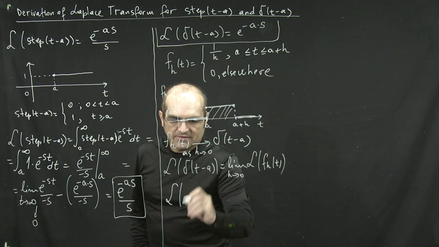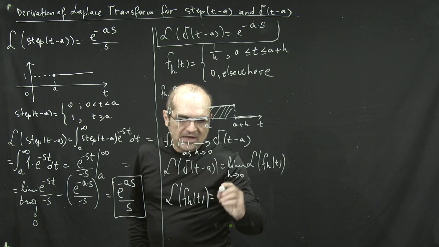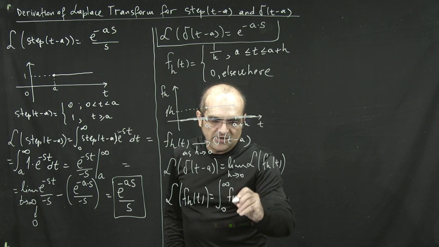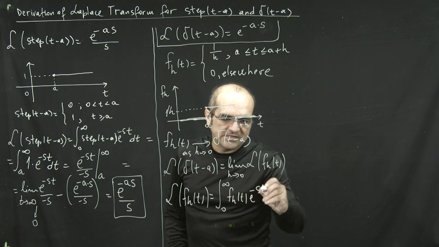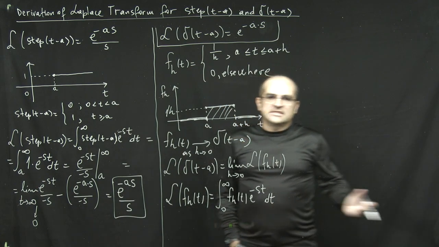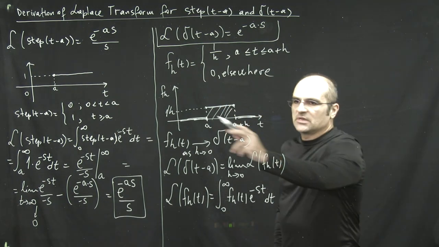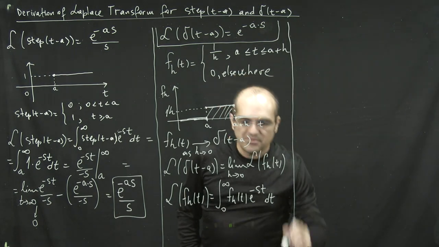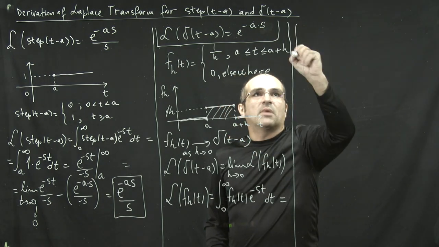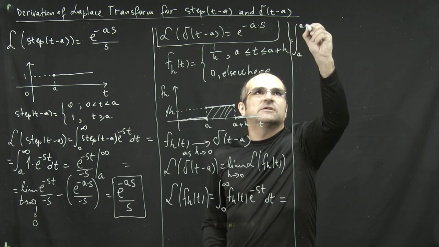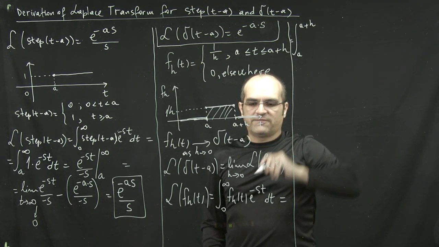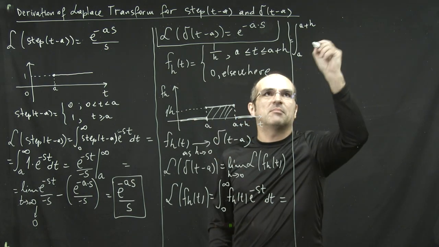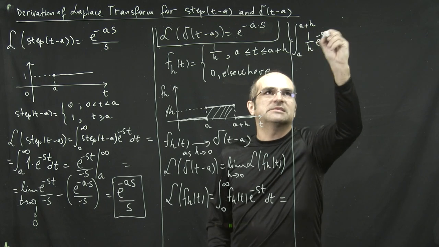The Laplace of fh of t, according to the definition, is the integral from 0 to infinity of fh of t e to the minus st dt. But again, this function is 0 everywhere except between a and a plus h. So that means this integral is really from a to a plus h of 1 over h, because the function is equal to 1 over h between a and a plus h, e to the minus st dt.